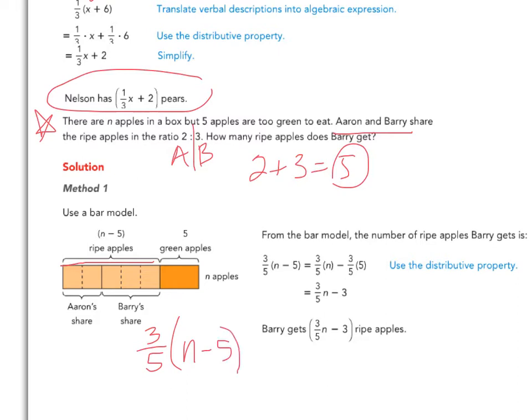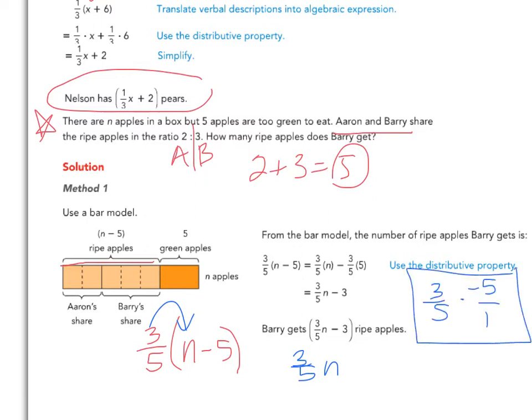Now we need to distribute. 3/5 of n is 3/5 n, and 3/5 times negative 5: the 5s are going to cross cancel, and you're going to get negative 3. So your answer is Barry will get 3/5 n minus 3 ripe apples.